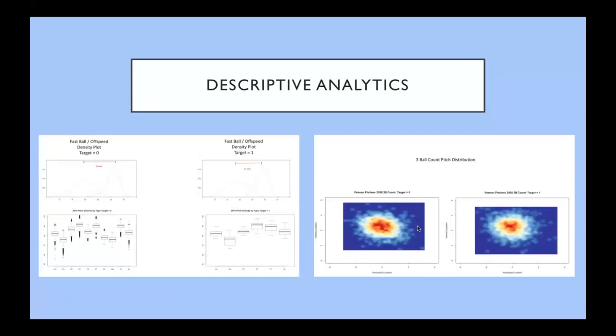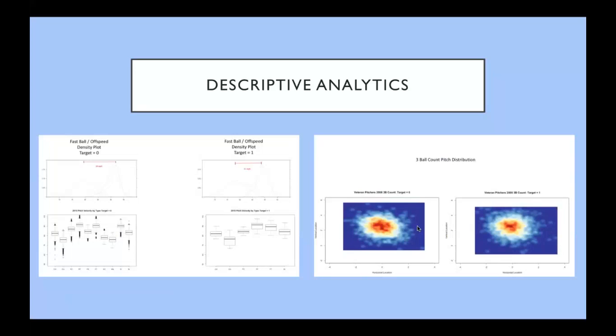The quad on the left-hand side is about pitch velocity by type. The box and whisker plots show the velocity range for different types of pitches, with successful pitchers on the left-hand side, target equals 0, and unsuccessful pitchers on the right-hand side, target equals 1.